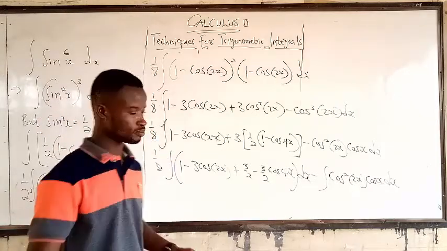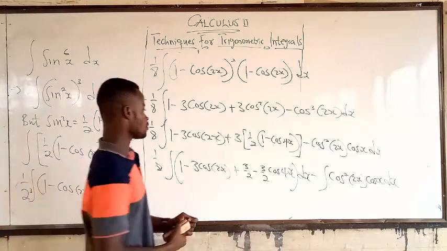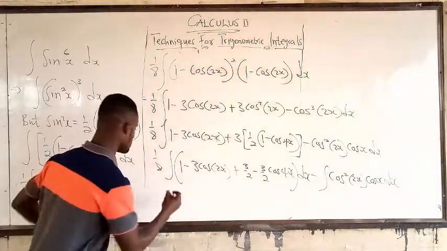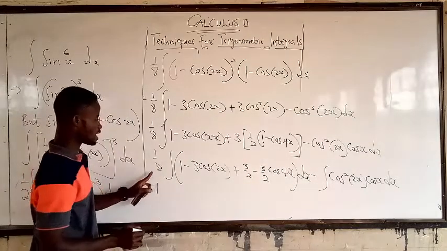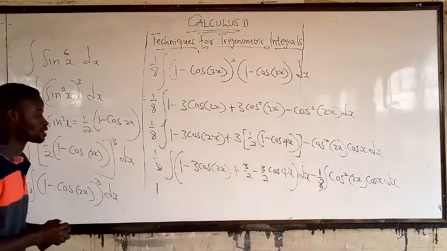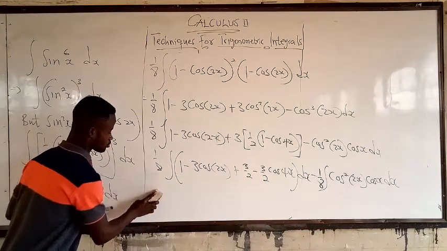Alright, so we know that we can integrate this one. It is not any problem here. But don't forget that this 1/2 will affect this. So let's bring it here so that we will not confuse ourselves. Okay.